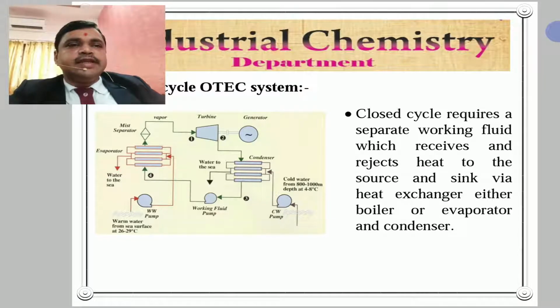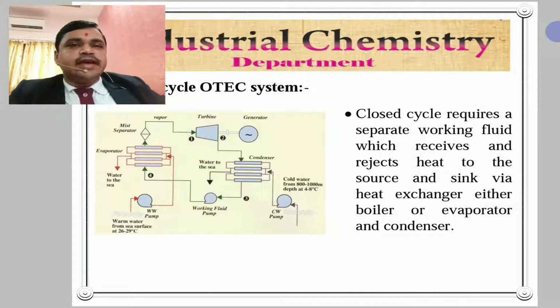Closed cycle ocean thermal energy conversion requires a separate working fluid which receives and rejects heat from the source and sink via a heat exchanger, either a boiler or evaporator and a condenser.